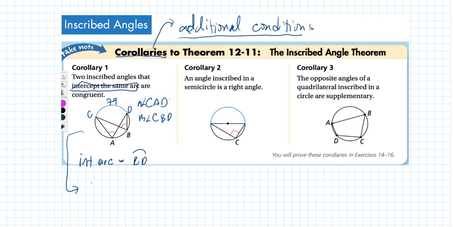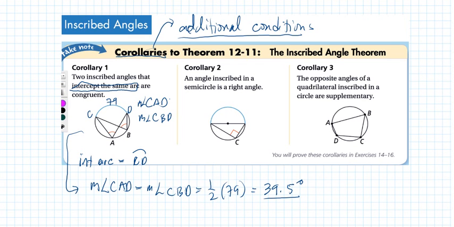The measurement of angle CAD is equal to the measurement of angle CBD, which is equal to 1/2 of 79. Half of 79 gives you 39.5 degrees. It means, gentlemen, that because they have the same arc, these two angles are the same in measurement.